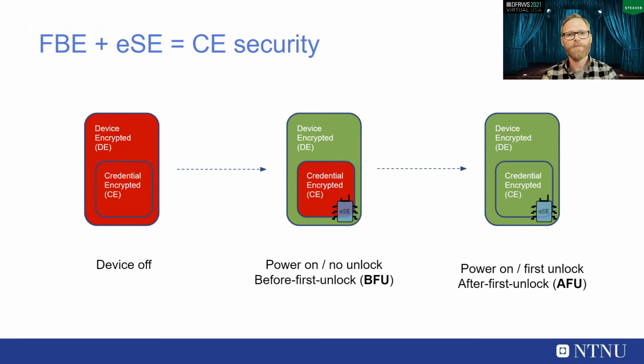But the credential encrypted files, where most of the user data is stored, is protected by this new secure element chip, and you need to get key material from that chip to be able to take the device from BFU to the after first unlock or AFU state to be able to access credential encrypted CE files.